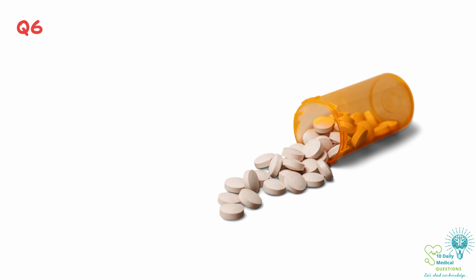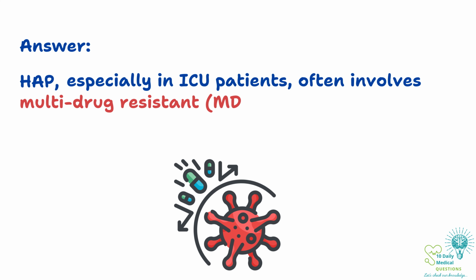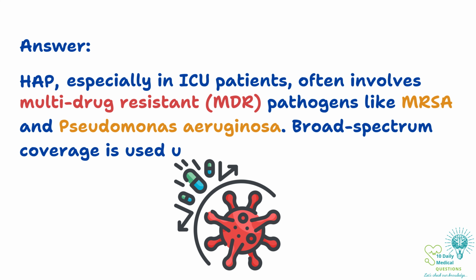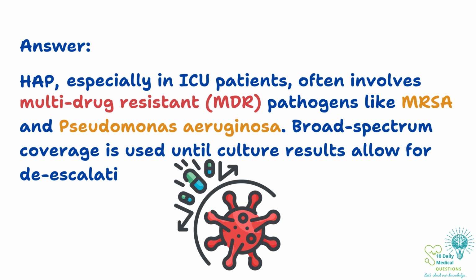Why are broad-spectrum antibiotics used initially in HAP? Answer. HAP, especially in ICU patients, often involves multi-drug resistant pathogens like MRSA and Pseudomonas aeruginosa. Broad-spectrum coverage is used until culture results allow for de-escalation.